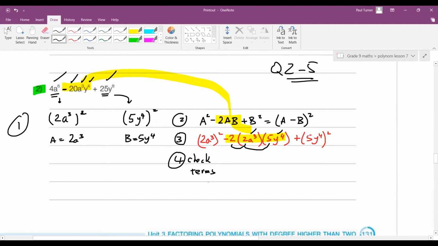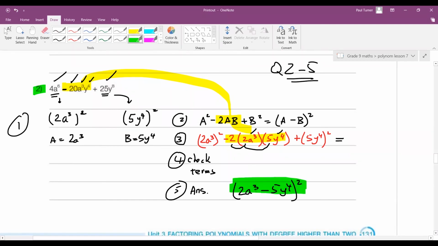So everything's right. So at the next stage, you can write your answer in factors. So that would be equal to (2a^3 minus 5y^4) all squared. And if you like, you can expand that and check the answer.